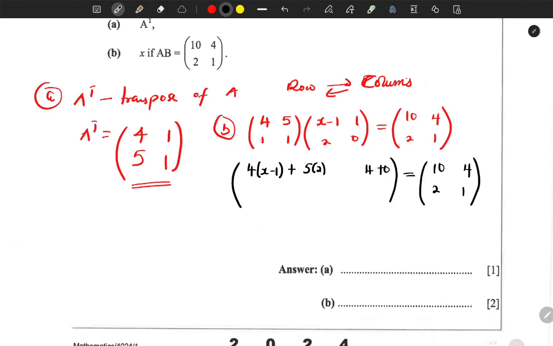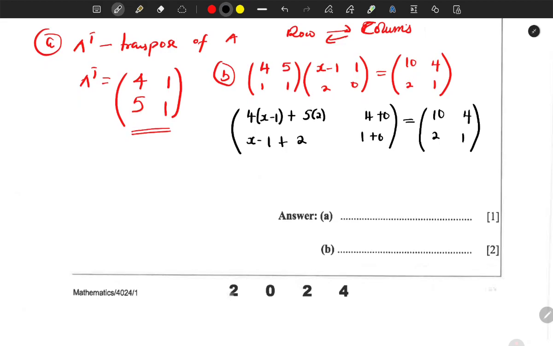We move again. 1 times x minus 1 is x minus 1, plus 1 times 2, we get 2. 1 times 1 is just 1, 1 times 0 is just 0. So I have 4x minus 4 plus 10 there, and here I have x plus 1, because negative 1 plus 2 is 1. And here I have 4, and here I have 1. This is equal to 10, 4, 2, and 1.